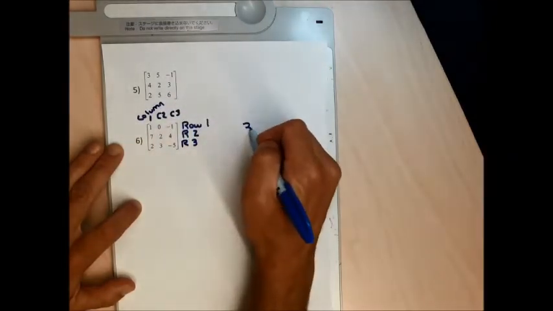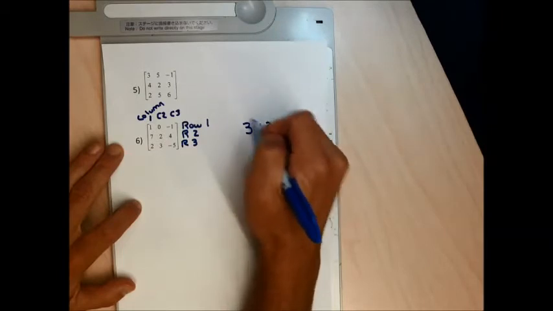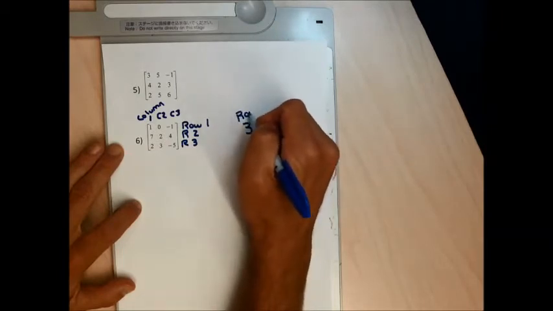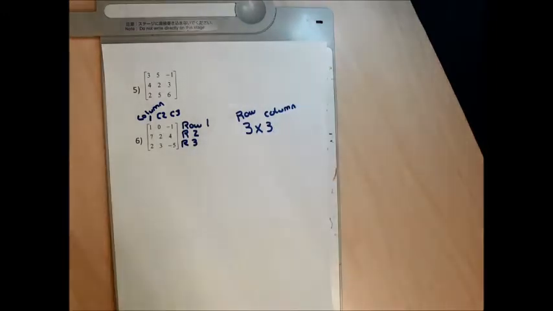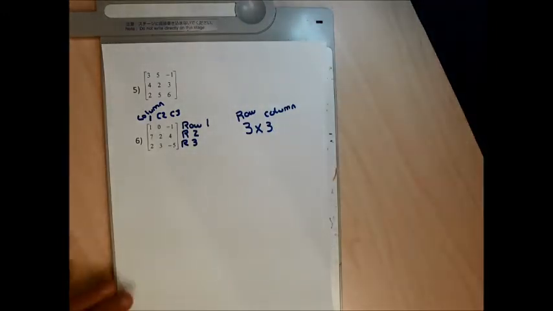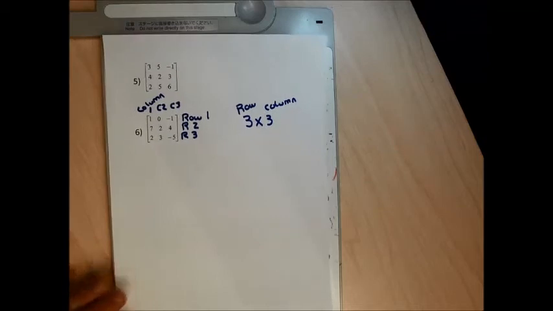So this is a 3 by 3 matrix because you do rows first and columns second. And 3 by 3 square matrices that have the same number of rows and columns are the only kind of matrices that have determinants. Every square matrix has a determinant, but no non-square matrices have determinants.